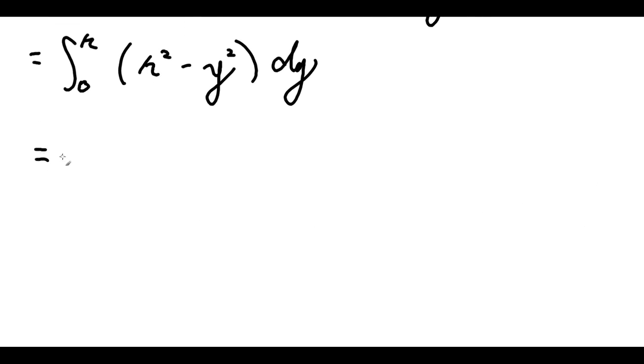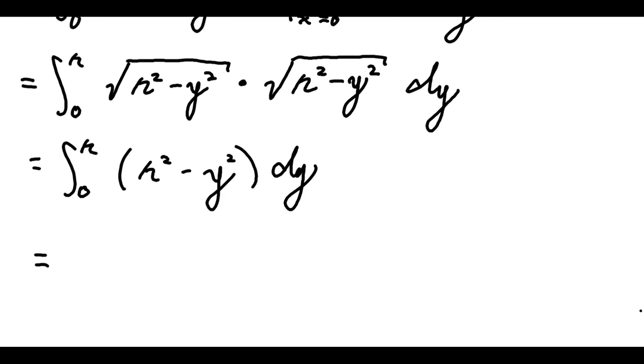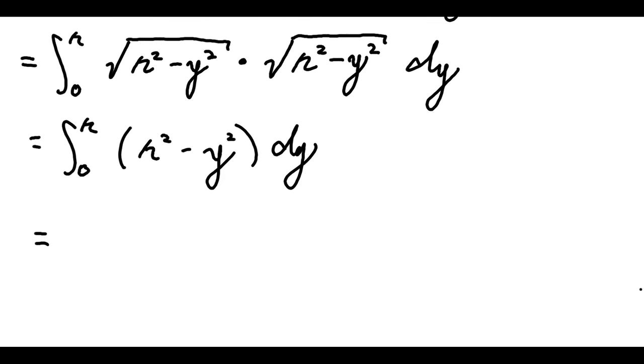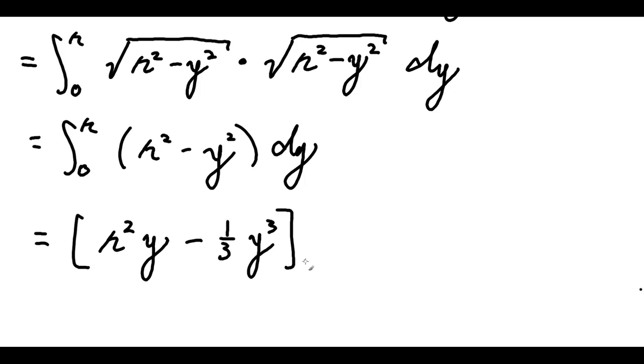Now we can integrate this dy. So we have r squared is constant, so we get r squared y minus 1/3 y cubed, evaluated as y runs from 0 to r. If you feel uncertain about remembering that r is constant and not variable, you could write y equals 0 to y equals r.